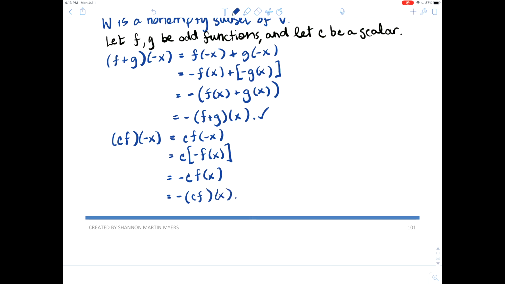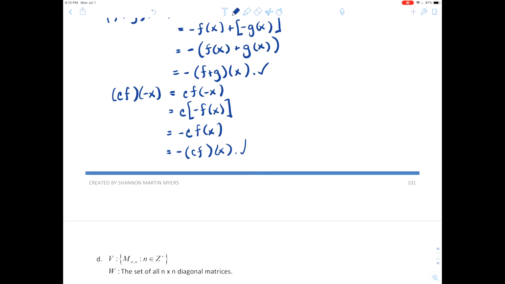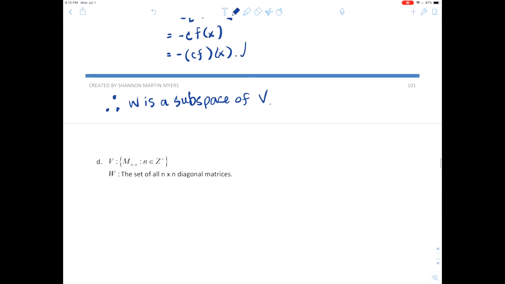And so therefore we've got closure under scalar multiplication. So therefore W is a subspace of V. Cool, cool?